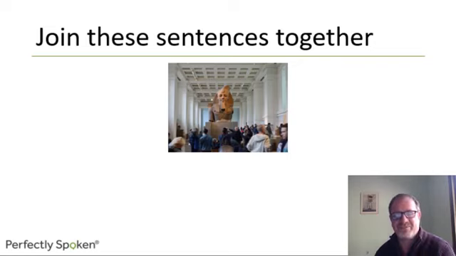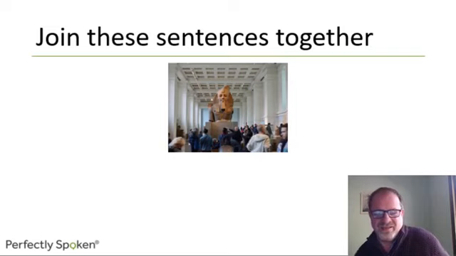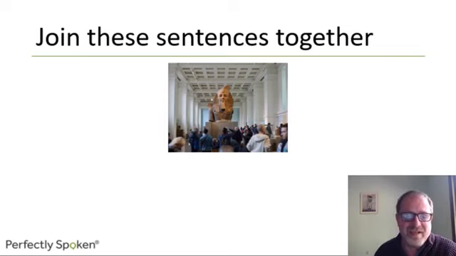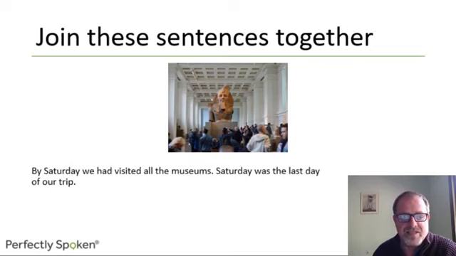She was really impressed with the Egyptian mummies and so on. Unfortunately, many of them robbed in the 19th century from Egypt, but they have returned a lot of the artifacts now to Egypt. Anyway, by Saturday, we had visited all the museums. Saturday was the last day of our trip.